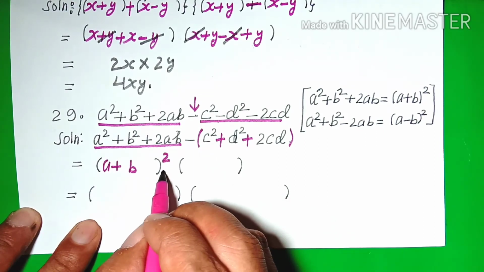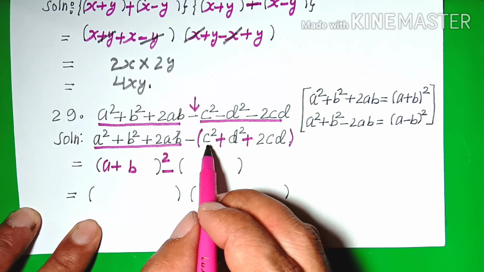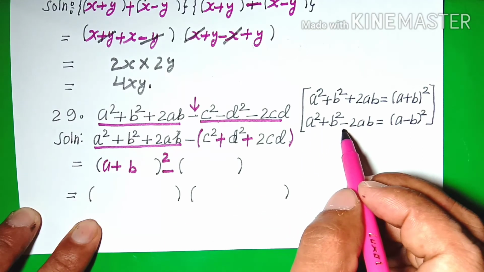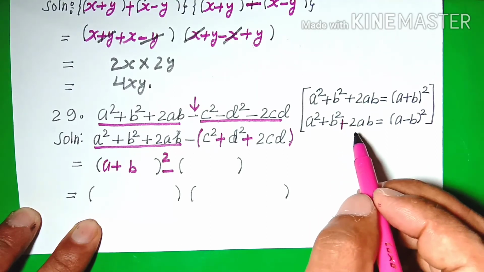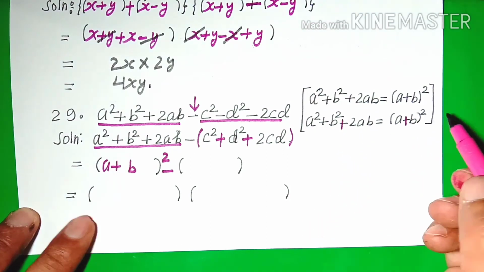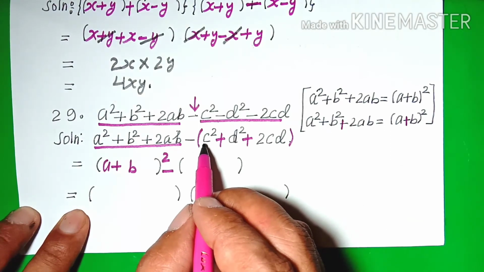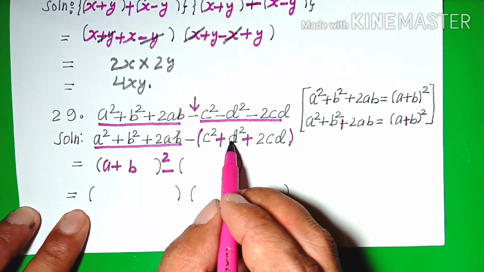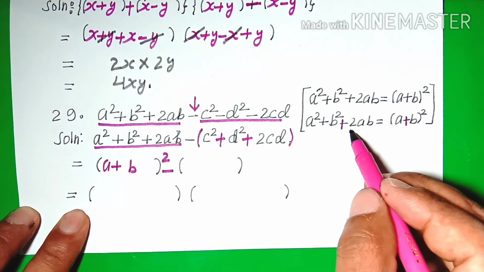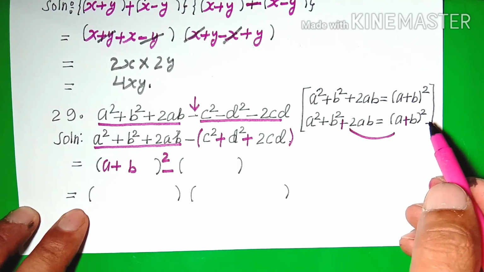After that we have the minus sign. Now this can also be read as a square plus b square plus 2ab, and that equals a plus b the whole square.